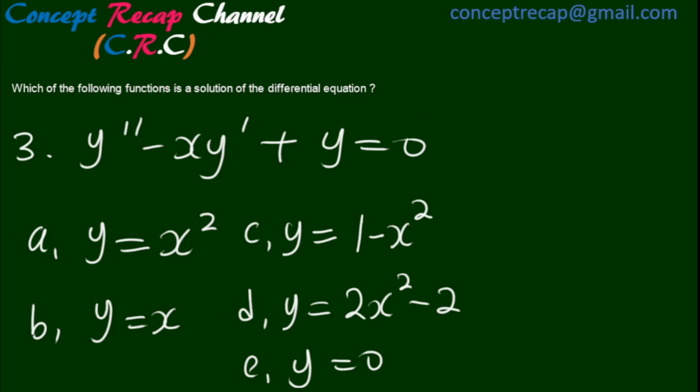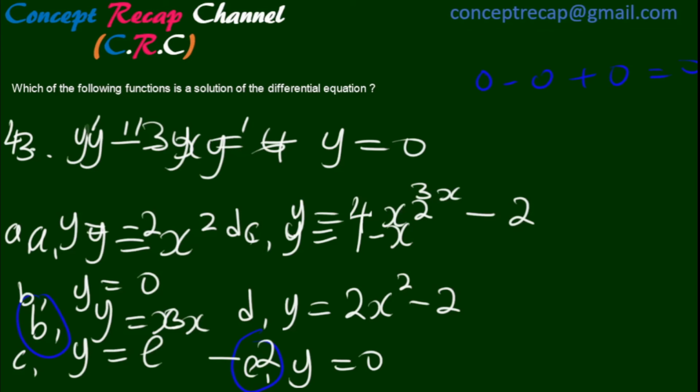If you substitute, you find that 0 minus 0 plus 0 is equal to 0. So this is a solution. Now you can try y is equal to x. Substitute, it should be a solution also, as we looked at in the concept video. You can try the others and see if you can get another solution to this differential equation.